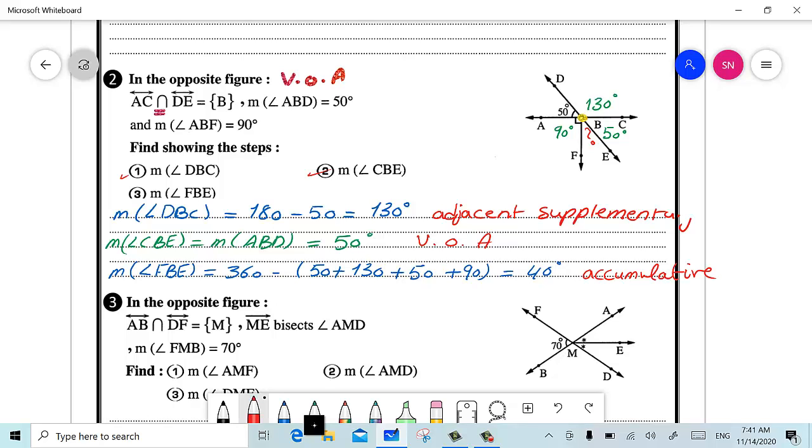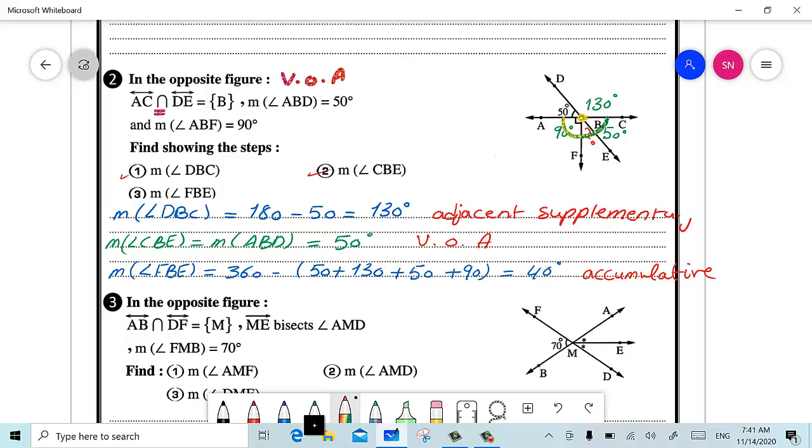The question is, do I have any other way to solve this question with the last angle, which is angle FBE? Yes. Let's have a look here. We know that AC straight line is a line, and all the angles here should give me 180 degrees, right?